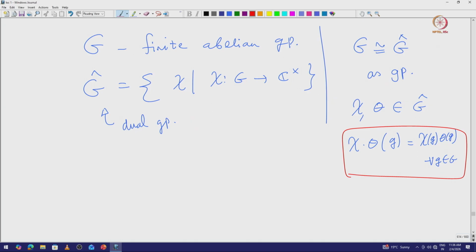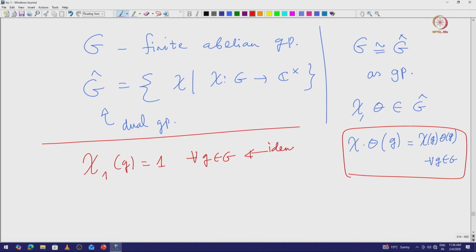Now, what is the identity and the inverse? If you recall, chi 1 of g, the constant function for all g in G, is the identity element inside G hat.